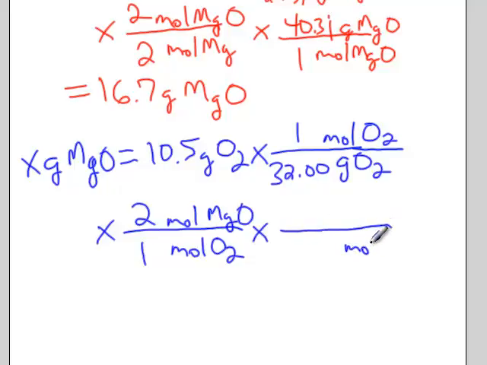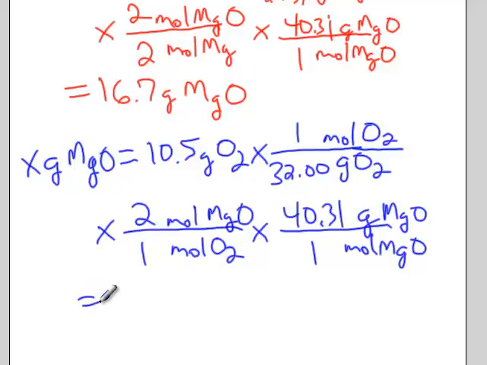And then your last step, use the periodic table to turn moles magnesium oxide into grams, and that molar mass 40.31 grams per mole gives us a total of 26.5 grams of the product.